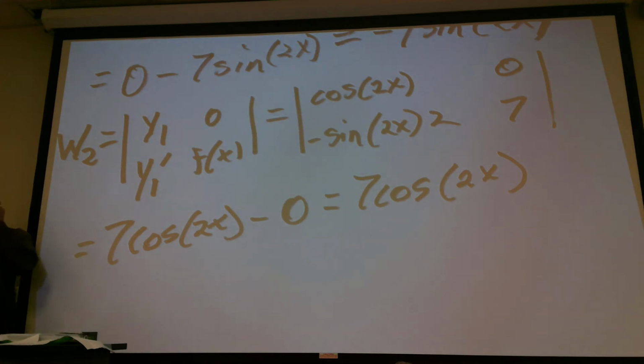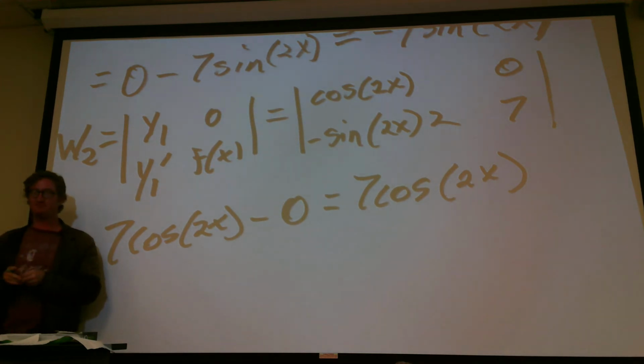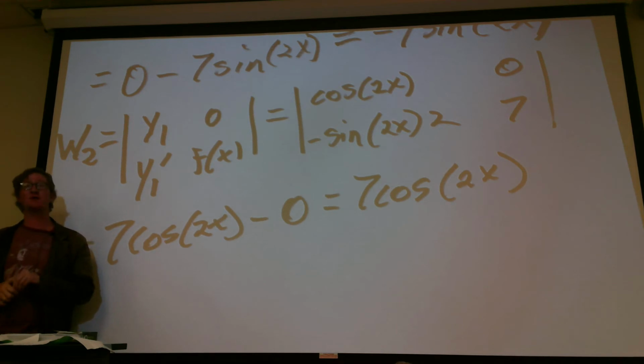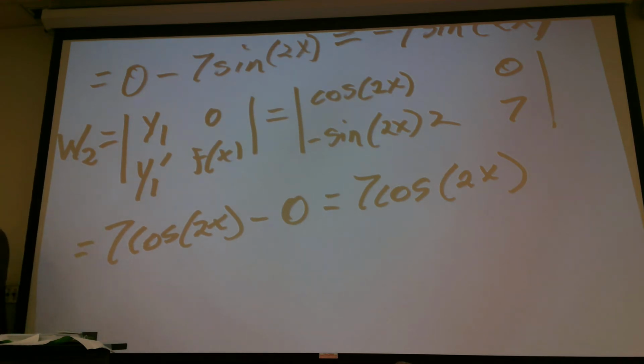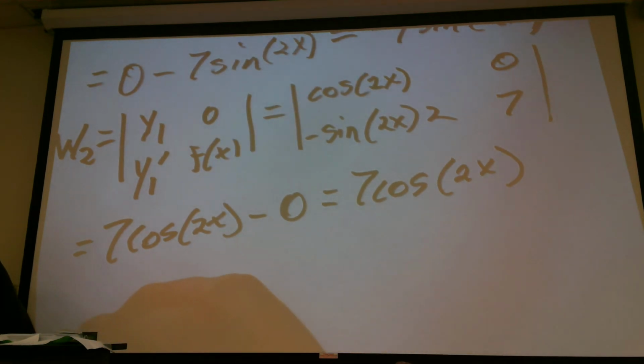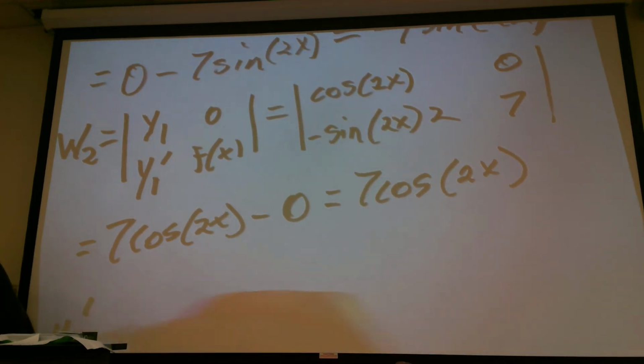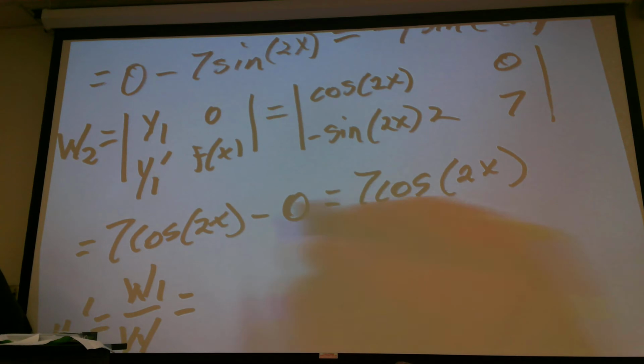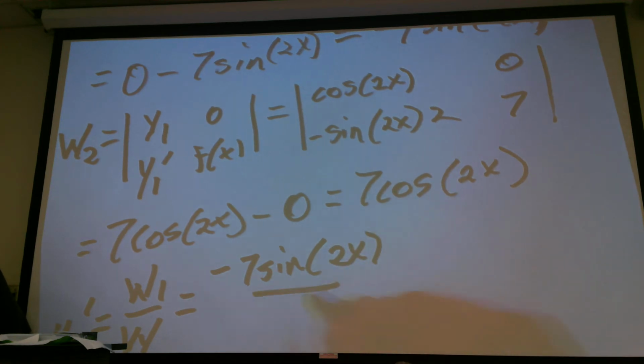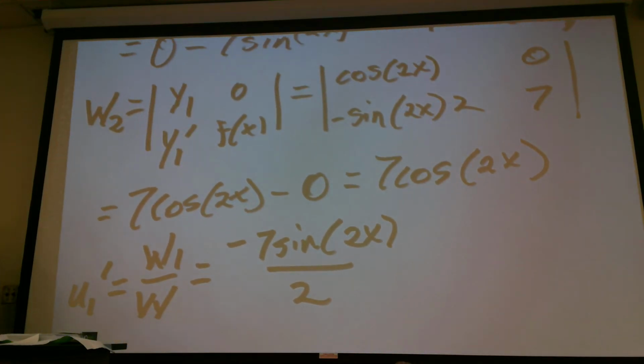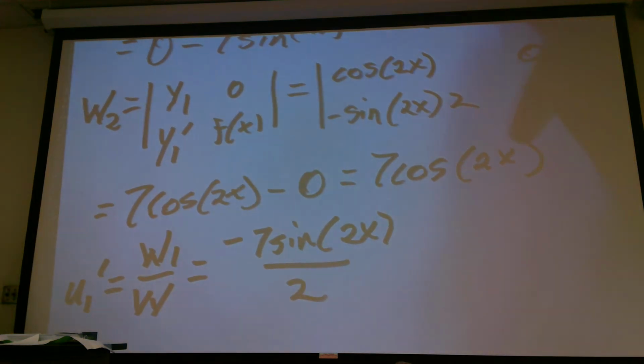So now we're going to look for u1 prime. Remember that u1 prime is going to be W1 divided by W. So that's going to be negative 7 sine of 2x divided by 2. Great, we found u1 prime.